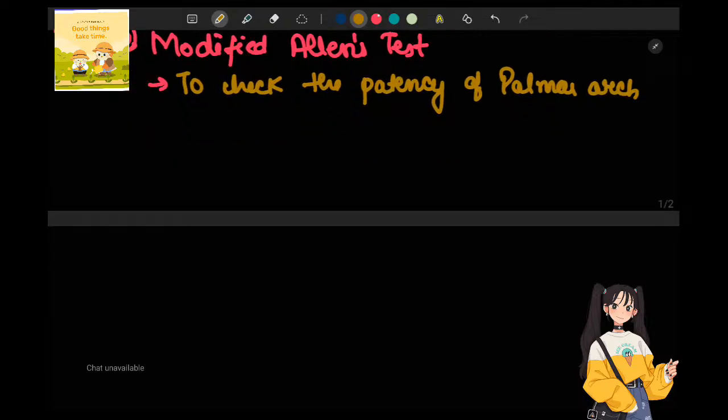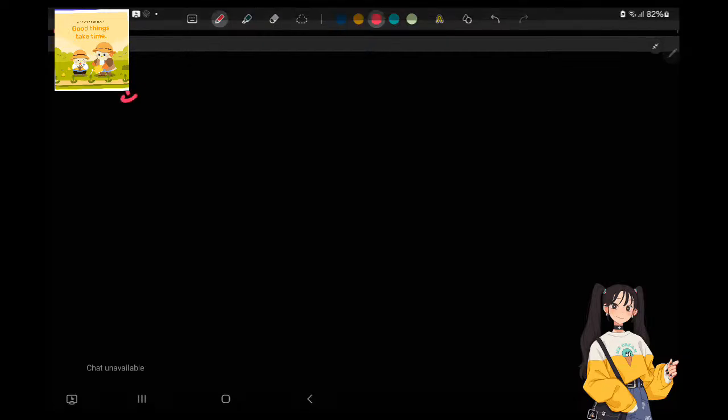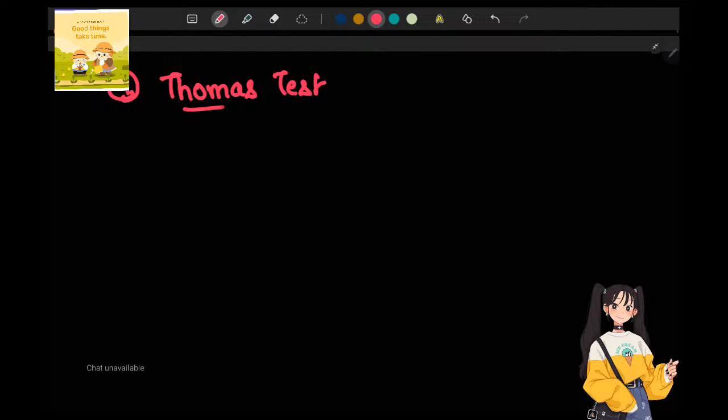Then we talk about the fourth test. The fourth test is the Thomas test. So this is the Thomas test. What happens in this? The flexion is decreased, right?